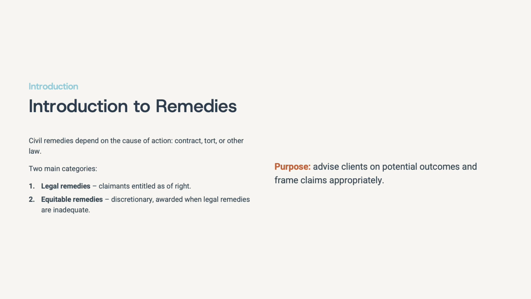They come in two flavors: legal remedies, which you get as a matter of entitlement or right, and equitable remedies, which are the court's discretion. Think of equity as the VIP section of remedies. You don't always get in, but when you do, it's very satisfying indeed.